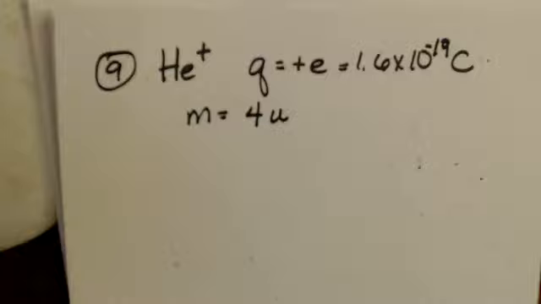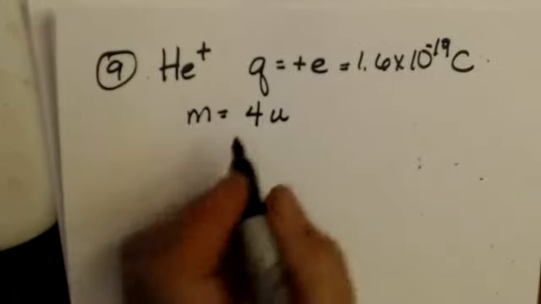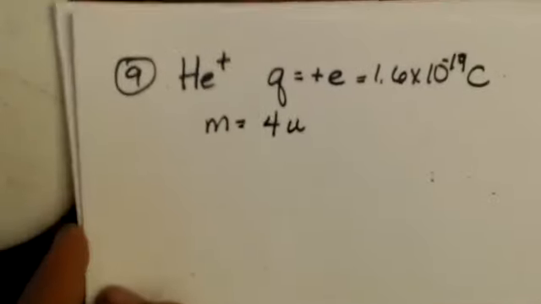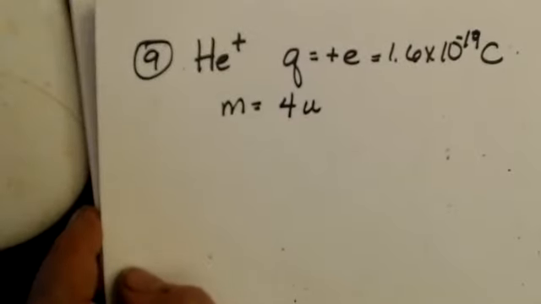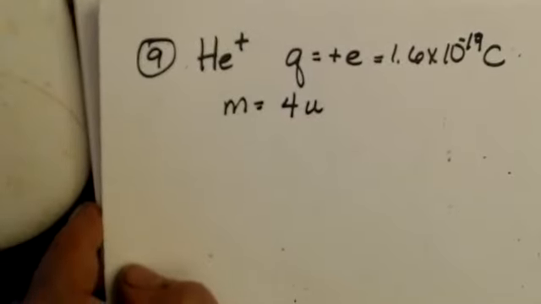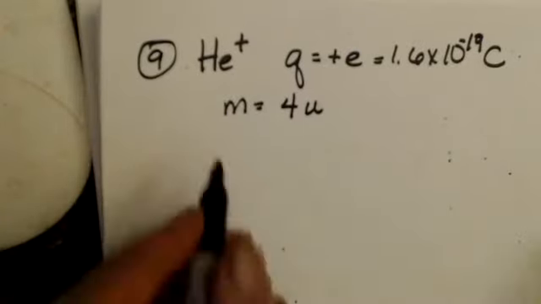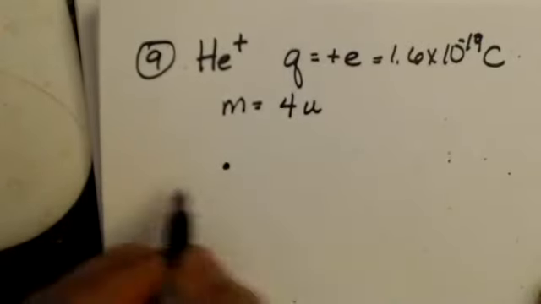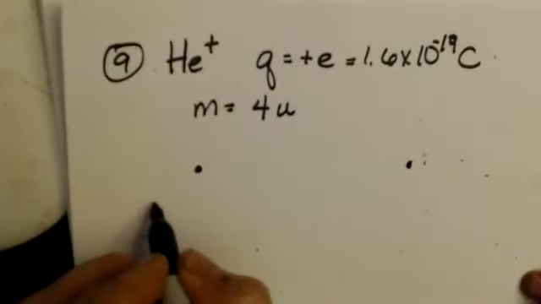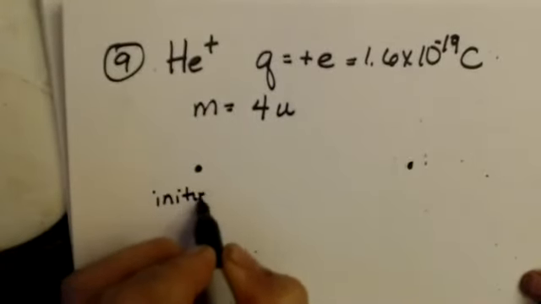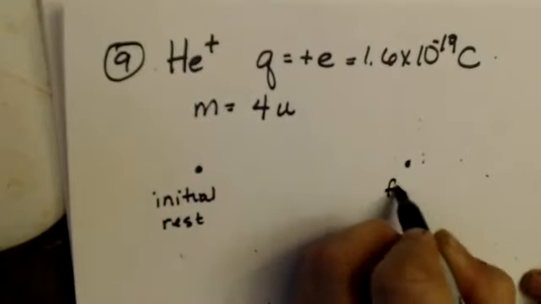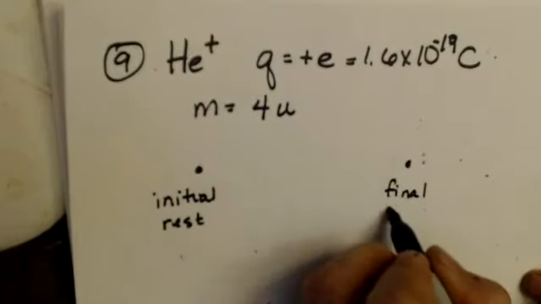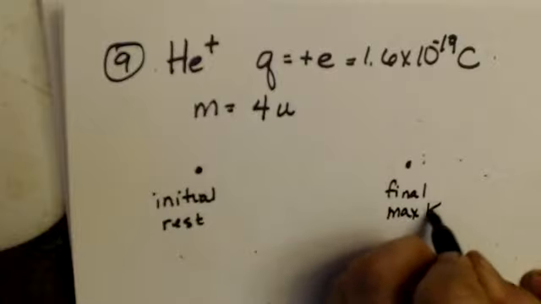So you know the mass. Now, the question is what is the potential difference needed to accelerate a helium ion from rest to that speed. So I'm thinking about an initial position where it's at rest and a final position where it's got maximum kinetic energy.